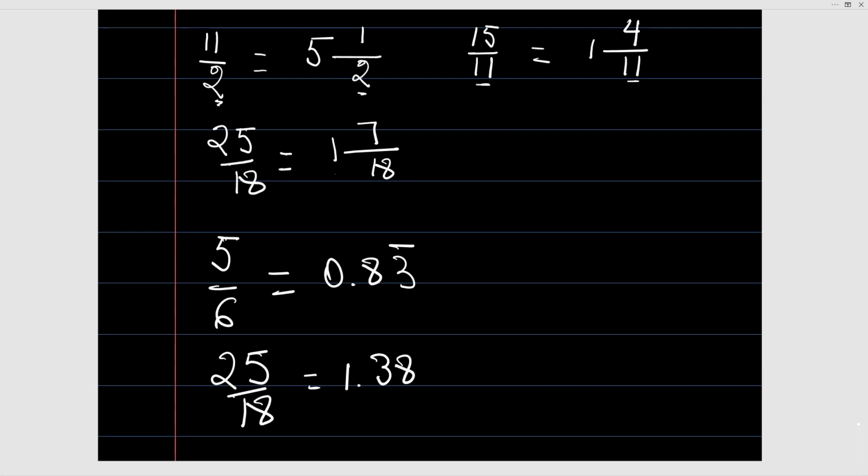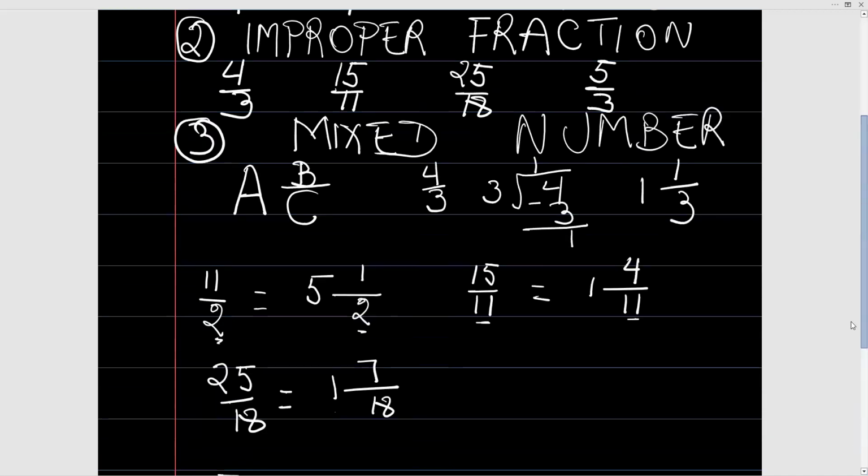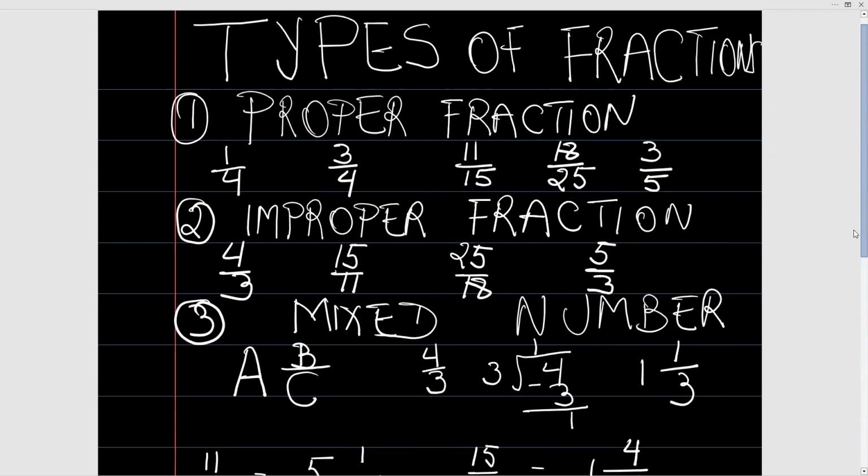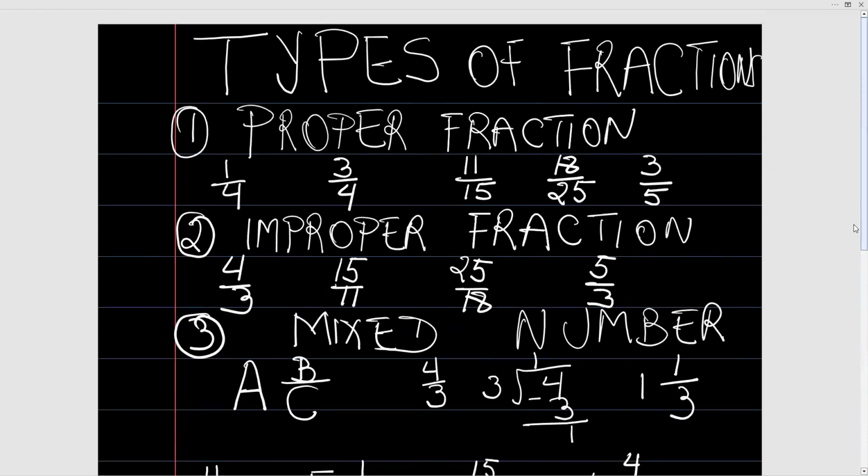So a proper fraction, when you divide it up, you're going to get a number that is less than 1. An improper fraction, you get a number that is greater than 1. All right, so this is how to know the difference of the different fractions that you're supposed to know.